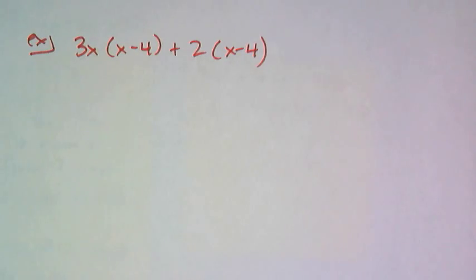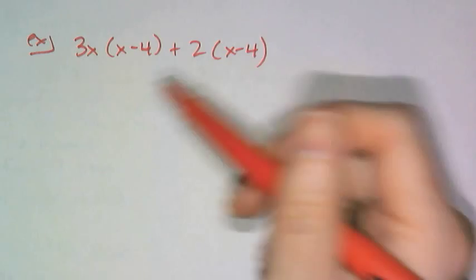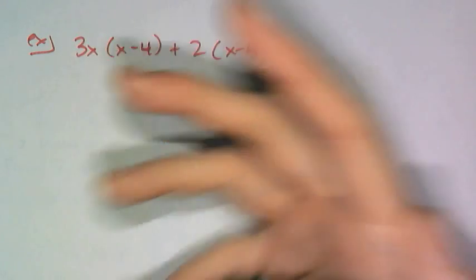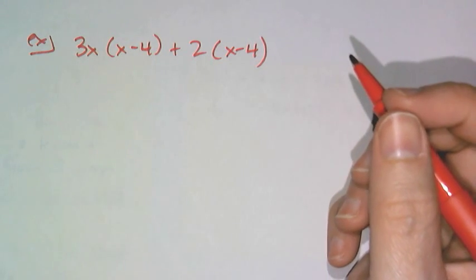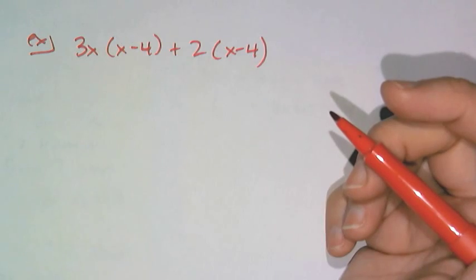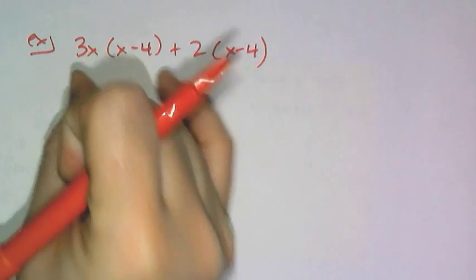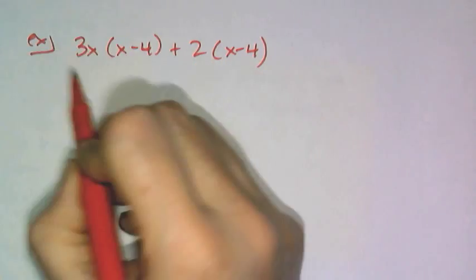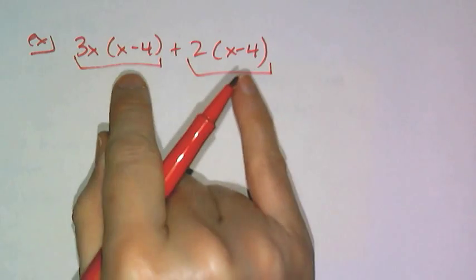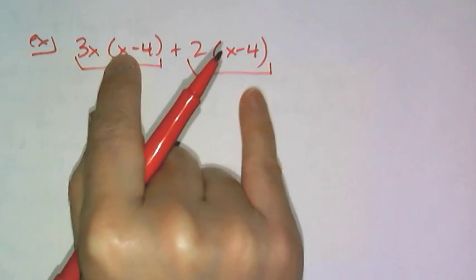So for the second example, I have this expression. It's not simplified, it's got parentheses in there, and of course, if you wanted to, you could simplify, but I'm not going to, because the whole point of factoring by grouping is that I'm looking for a factor in parentheses that's in common to both groups. So it's like I have a group here and I have a group there, and what's in common from both of these groups is the factor of x minus 4.